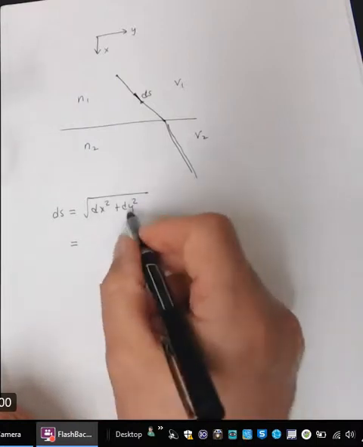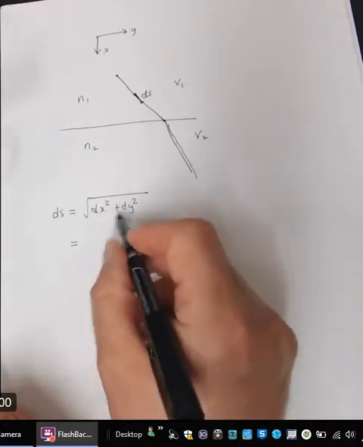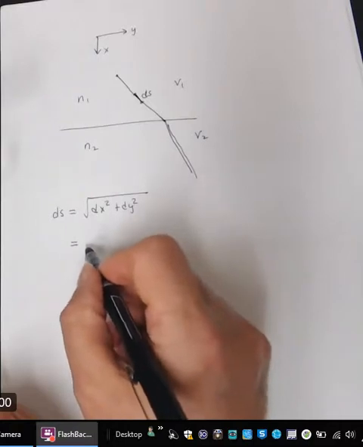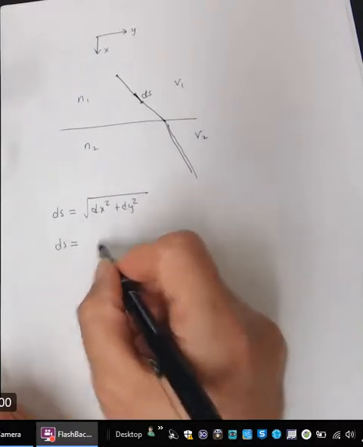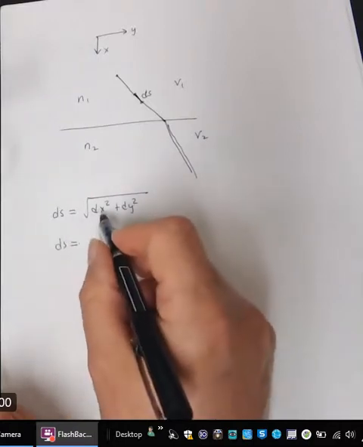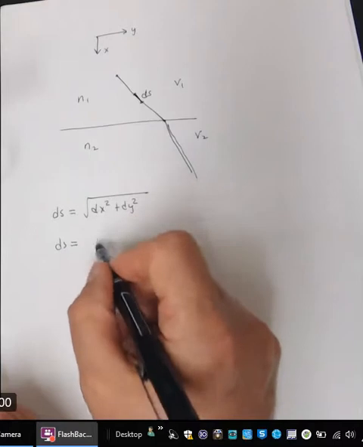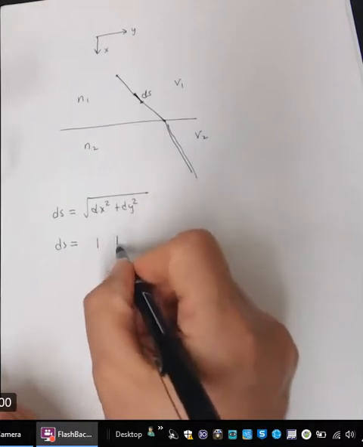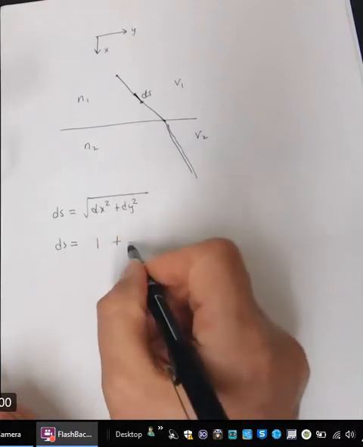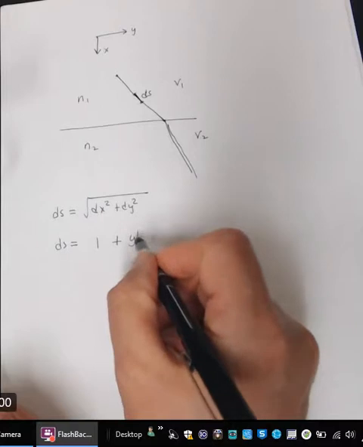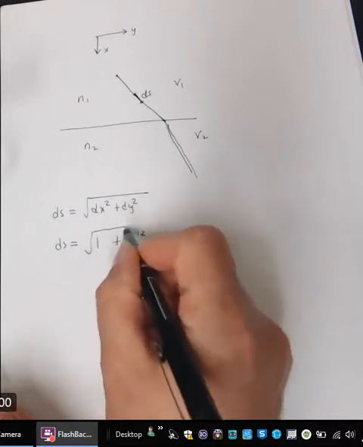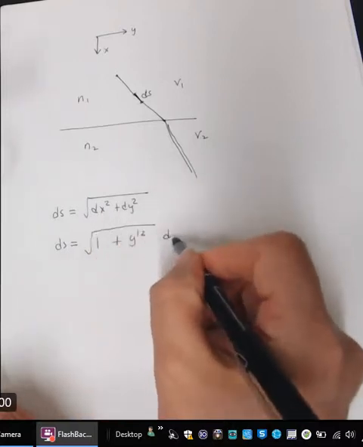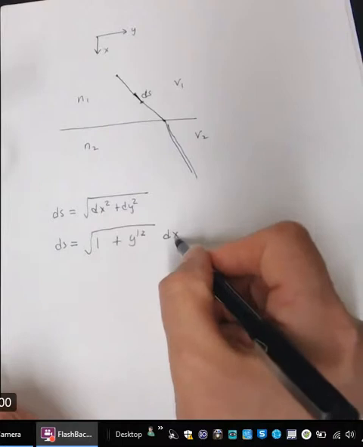And we can also write that, I'm going to divide both sides by dx here. We've done this. I'm going to rewrite that as ds equals the square root of dx squared divided by dx squared is 1 plus dy divided by dx squared is y prime squared, and I'll pull out then a dx.